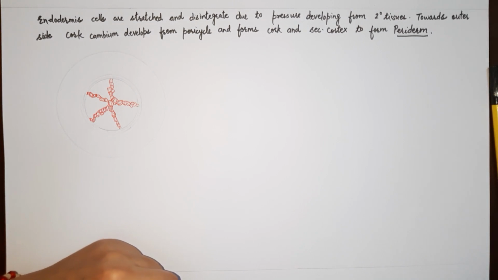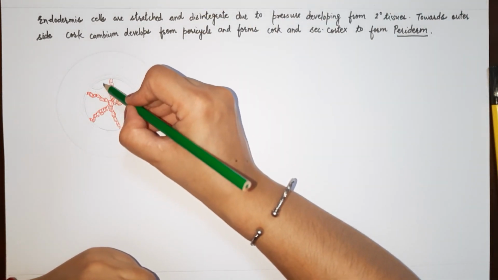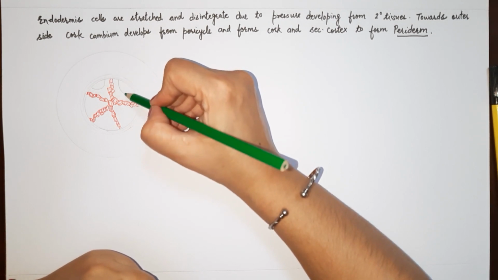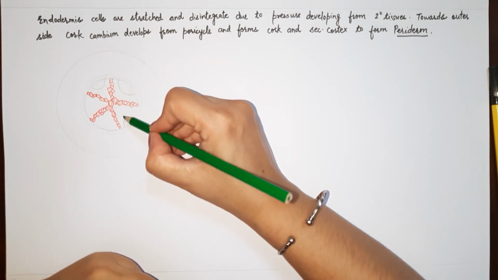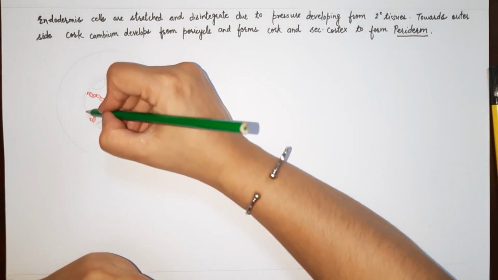Okay, so this is primary xylem, and the alternate patches would be of primary phloem. So in these alternate areas, again the size may vary.